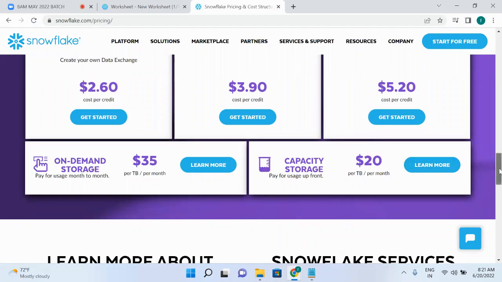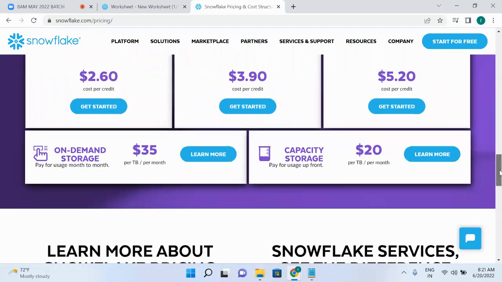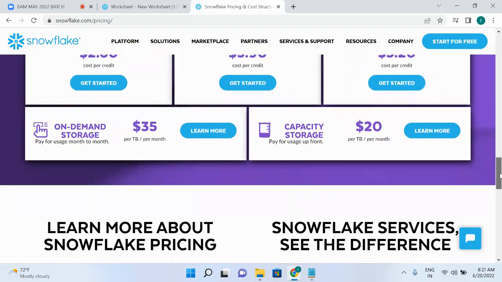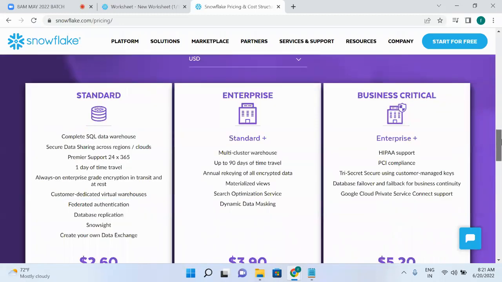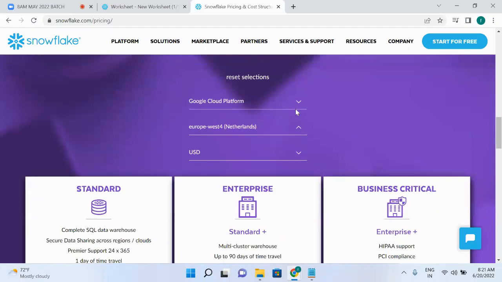And which one is the best one? Whether it is pre-purchased or on demand, let's take an example. But always with pre-purchased, if you observe, nearly 50% of the charges will be reduced.